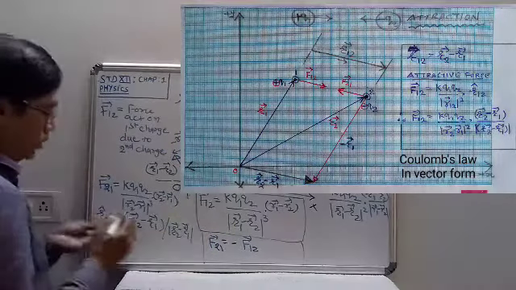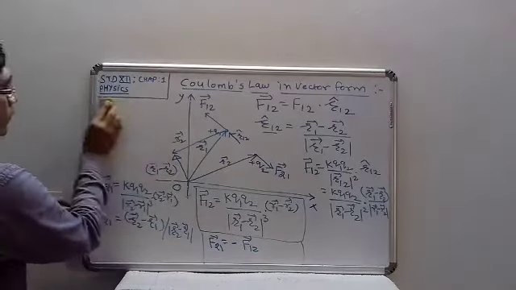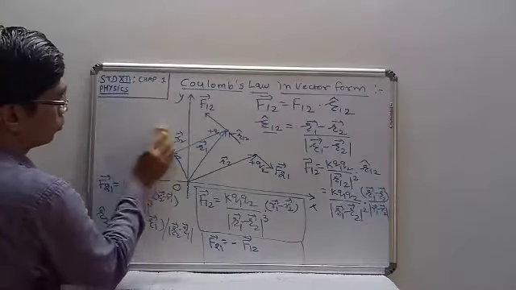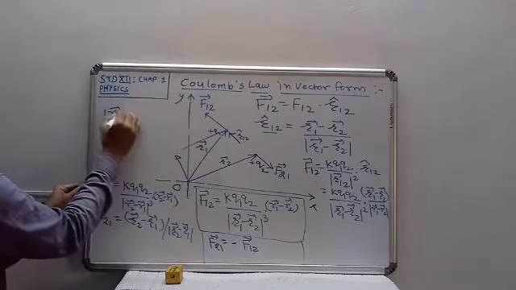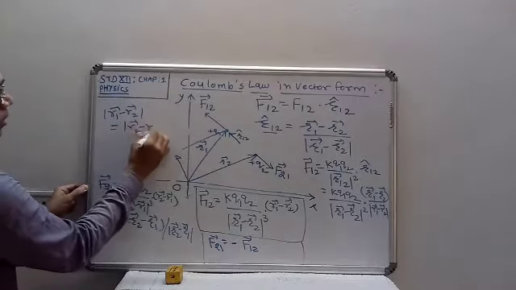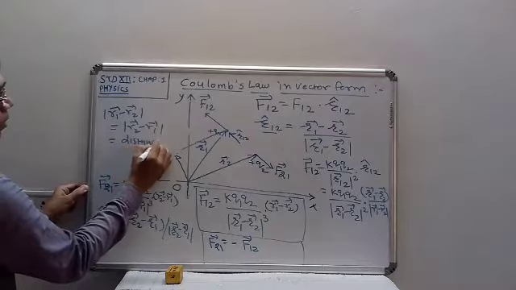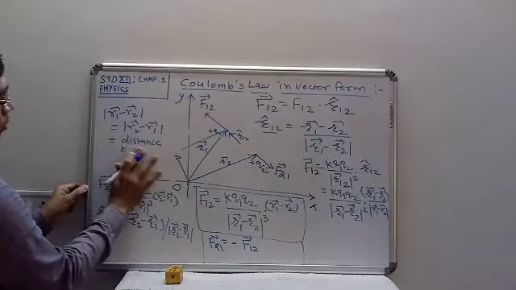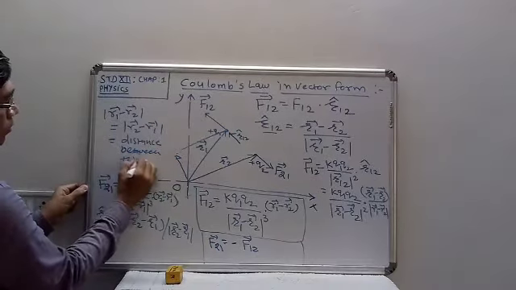Another term here, magnitude of R1 minus R2 is equal to magnitude of R2 minus R1, and it is the distance between the two charges.